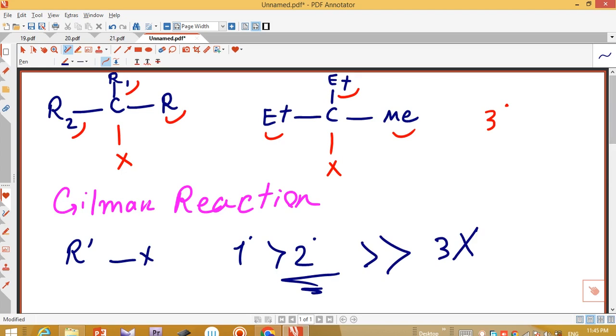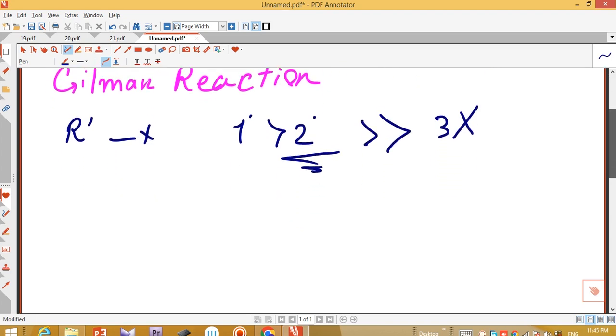First of all, it should be methyl, but anyway, generally type 1 or primary would be better than carbon type 2 or secondary, and it would be definitely greater than type 3. We will not have type 3 in Gilman reaction, but anyway, if you want to talk about rate of reaction, it is definitely preferred to have carbon type 1 or primary carbon.